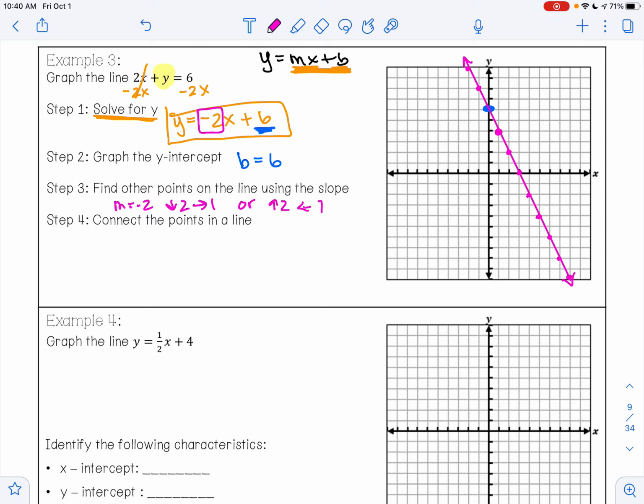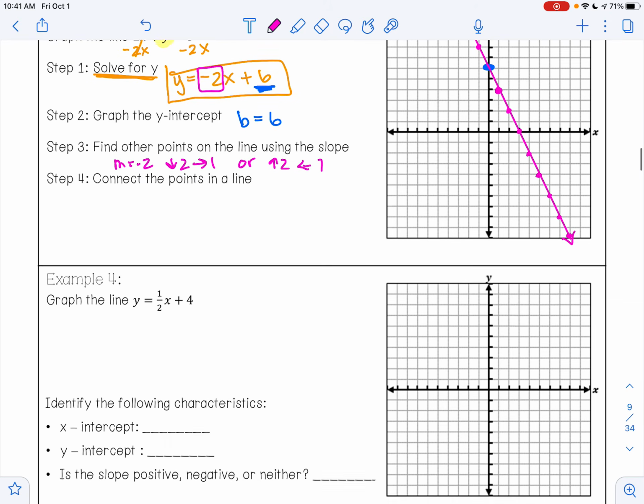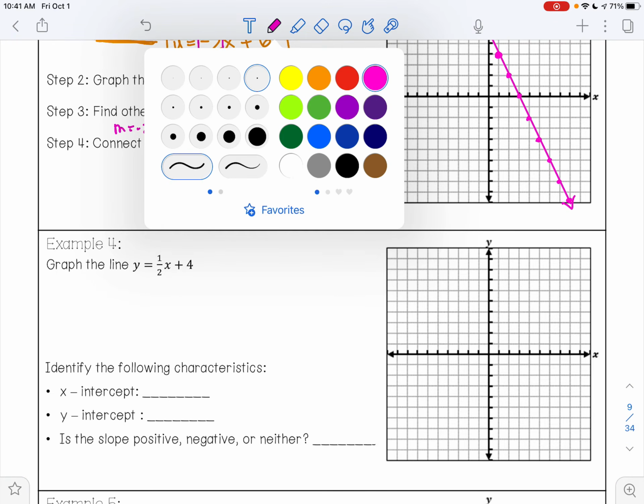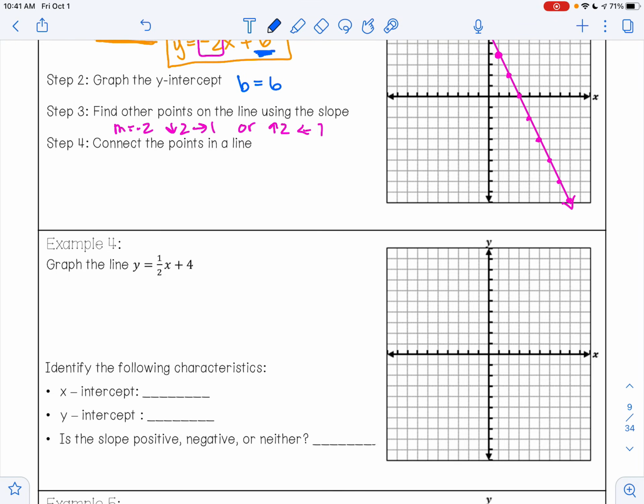Let's look at example 4. It says graph the line y equals 1/2 x plus 4. This is in slope-intercept form. So I am going to begin with b. b is 4. So I'm going to go up to 4 on my y-axis.